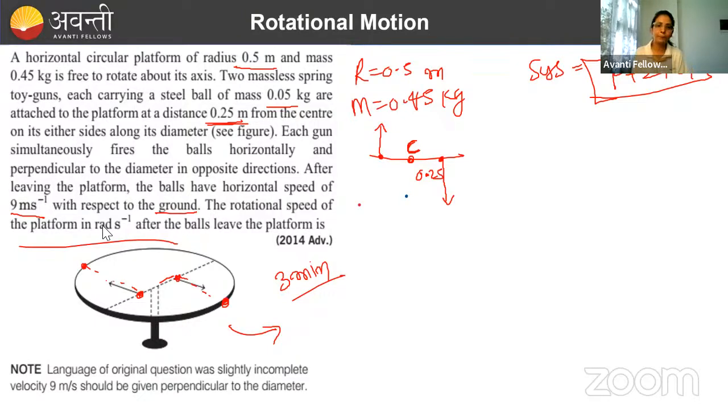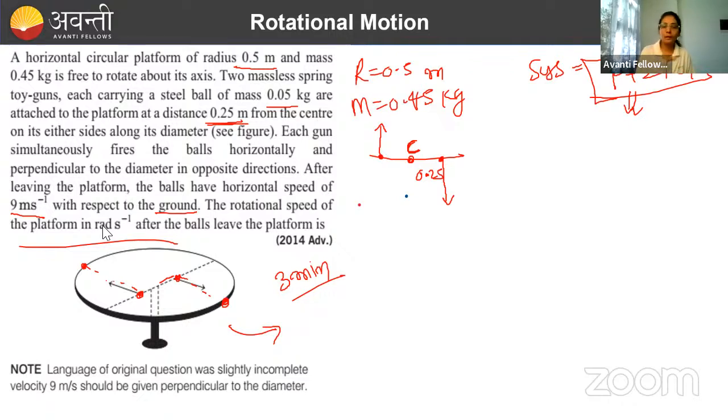So whatever is happening is inside the system. It means no external force, no external torque is applying. It means we can conserve angular momentum. If we are considering these three things as a system, we can conserve the angular momentum of this system because no external force or torque is acting. Everything happening is internal, right?